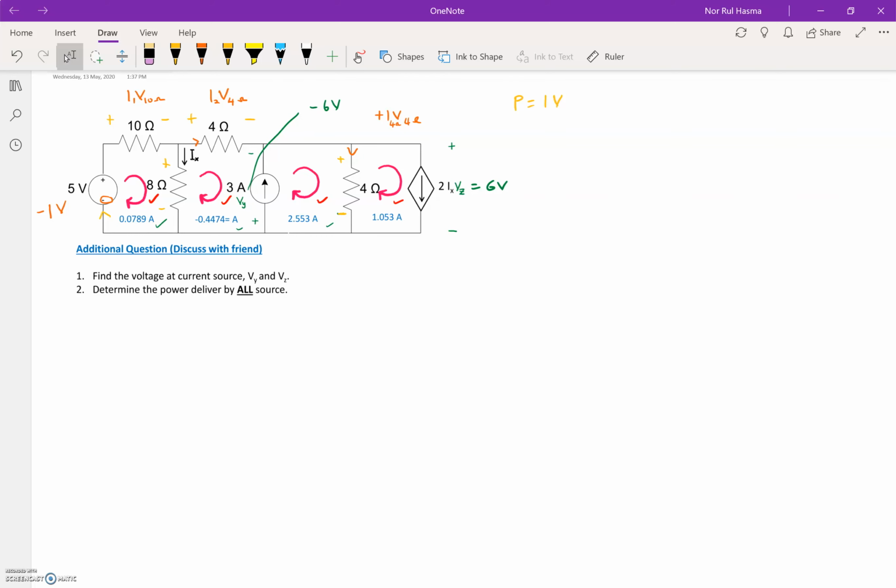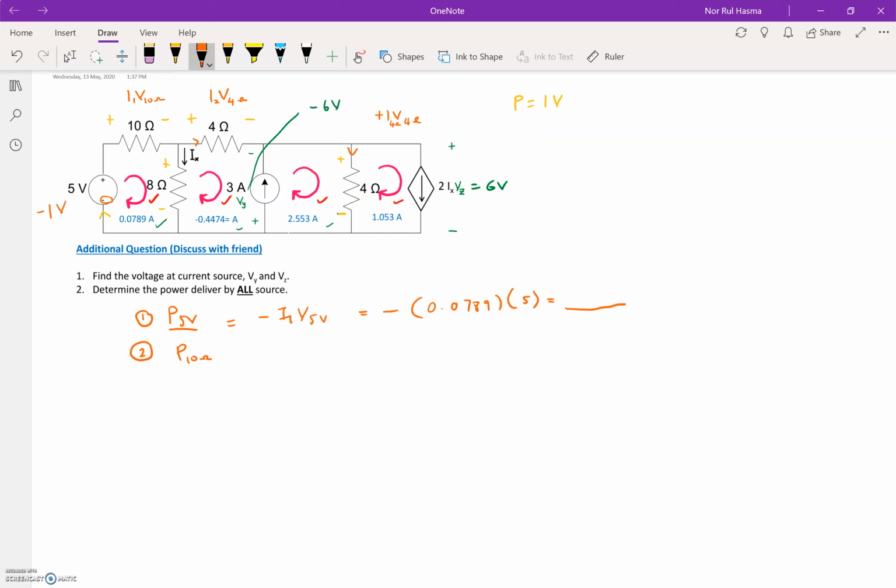So for the first, which is the P at 5 volt, it is equal to minus I1 times V 5 volt. Then you can get the answer by multiplying the I1, which is stated in the circuit, times 5. And I think you should find the answer by yourself.